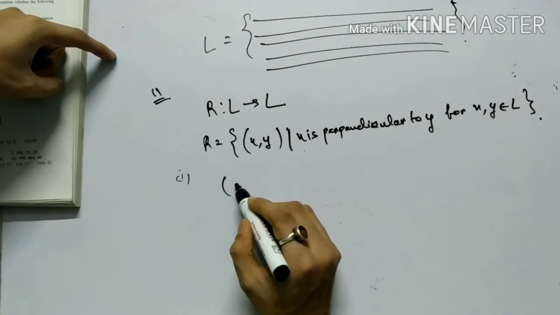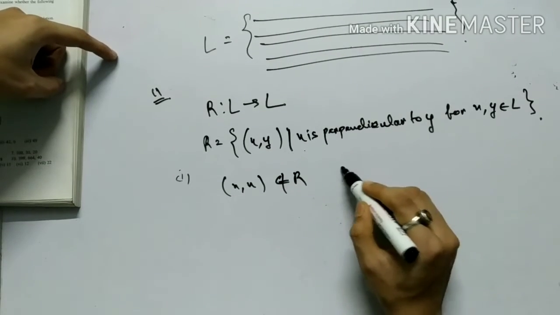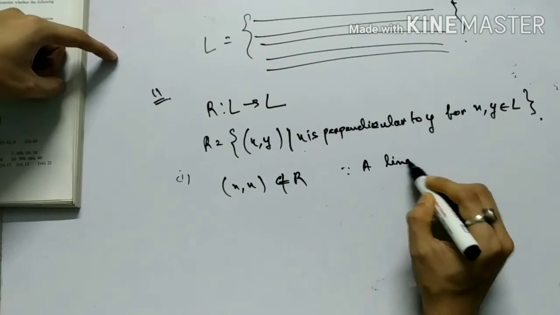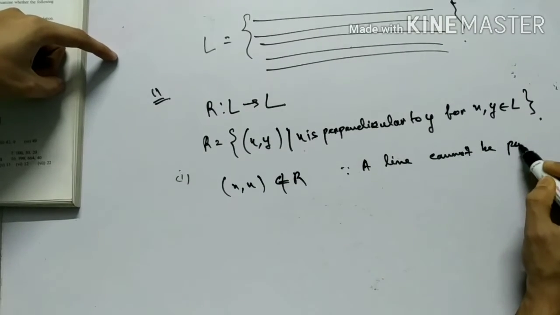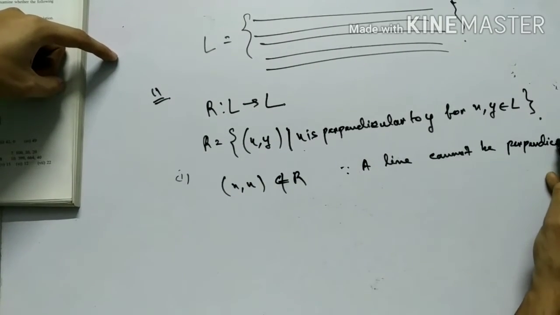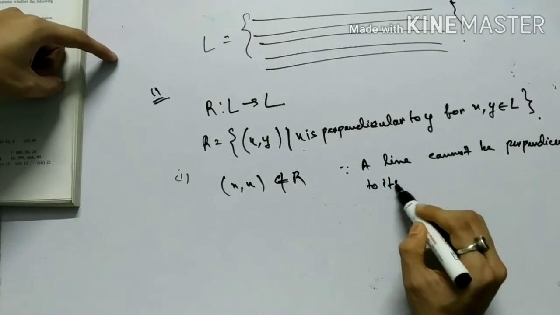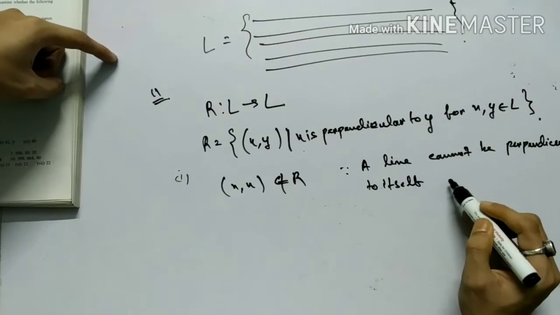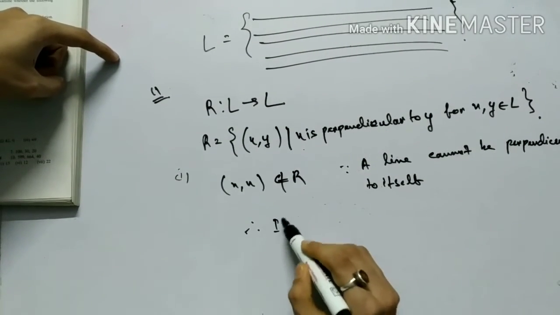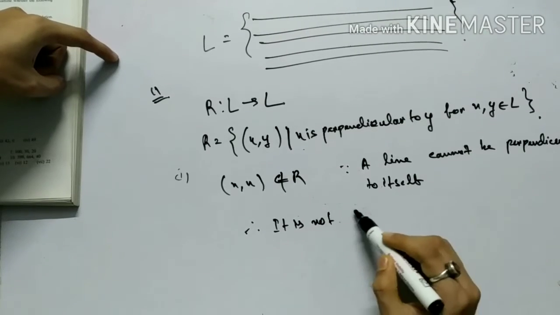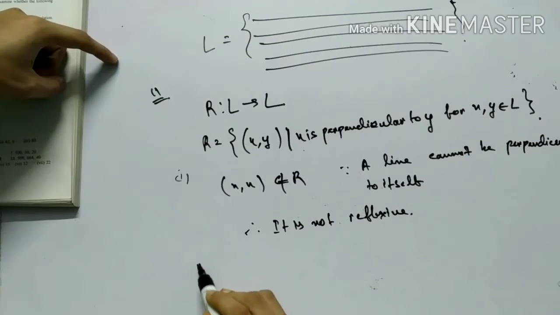In reflexive, (x, x) does not belong to R, since a line cannot be perpendicular to itself. Understand? So therefore R is not reflexive.